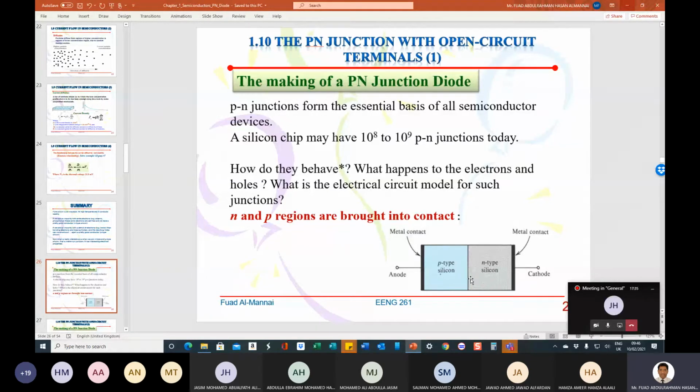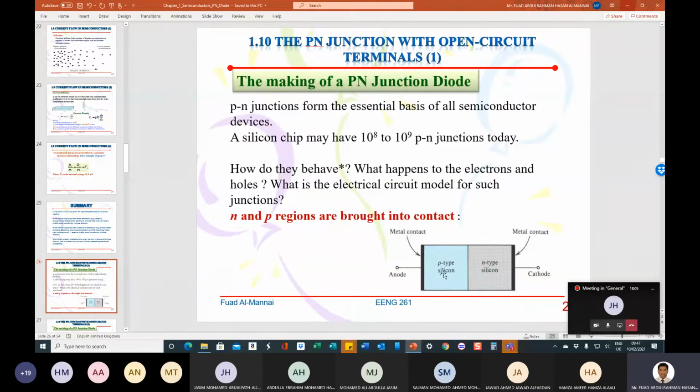This is a PN junction, except the transistor has more. A silicon chip may have 10 to the power 9 PN junctions today. Actually, maybe it's 10 to the 20 or 10 to the 30 PN junctions.